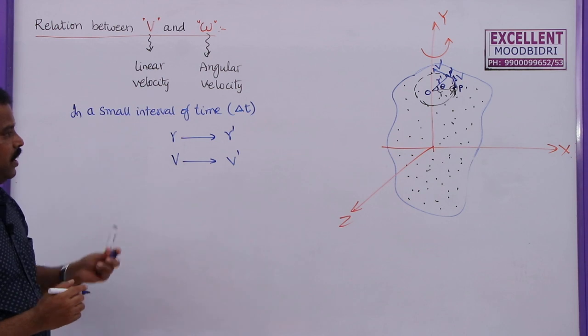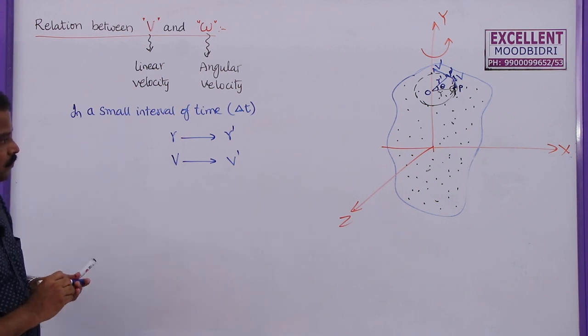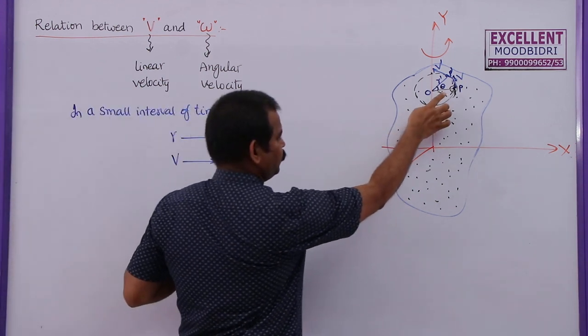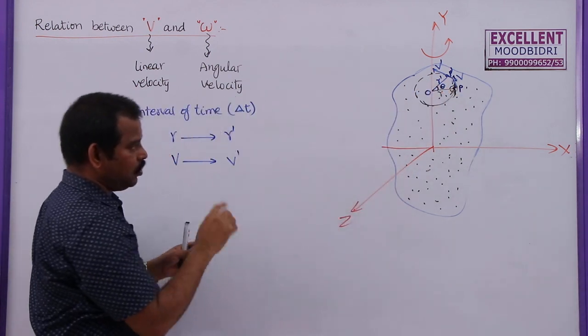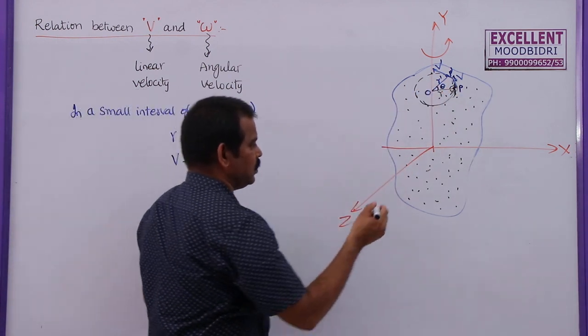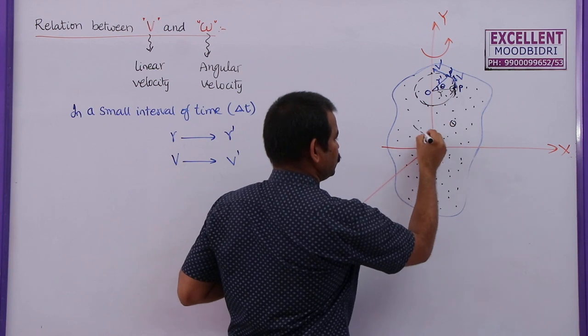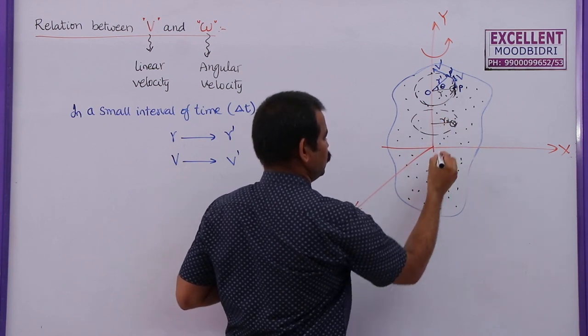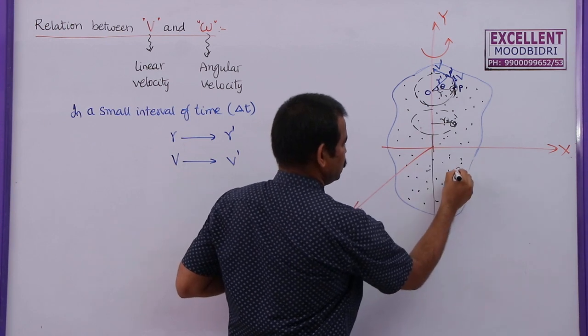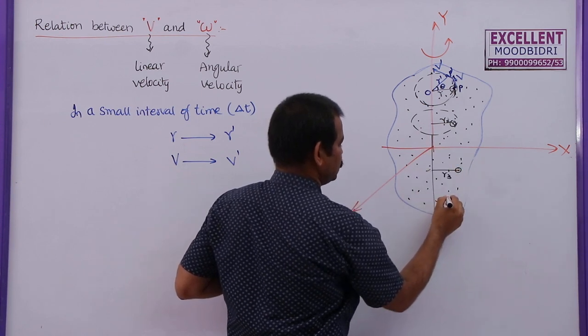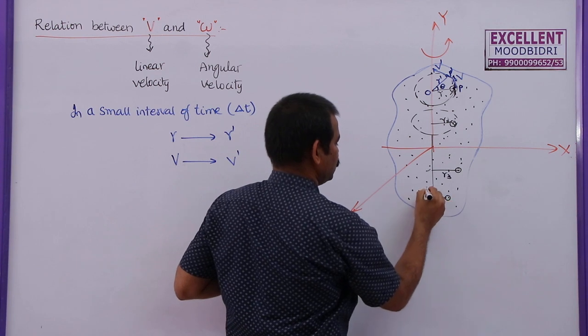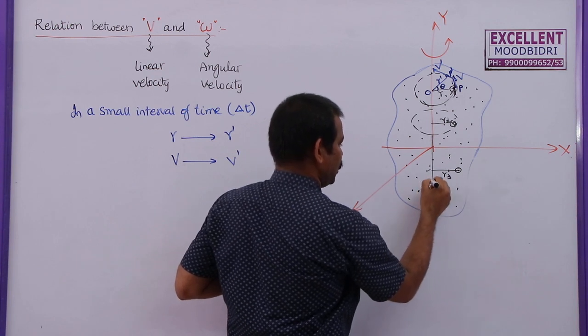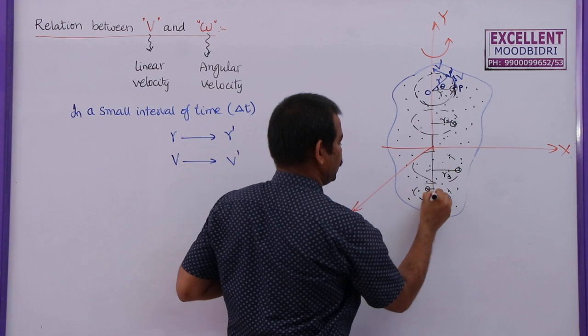During this time, if you consider the motion of not only this single particle but any particle here, this is also going to move in a circular path of radius r2, and this one, this is r3, this is r4, this is r5. So, all particles are moving in the same direction.